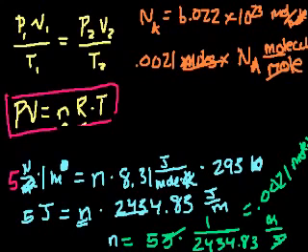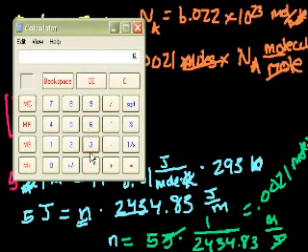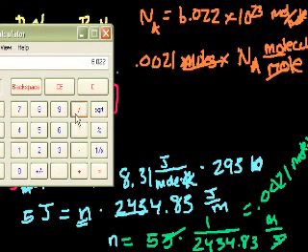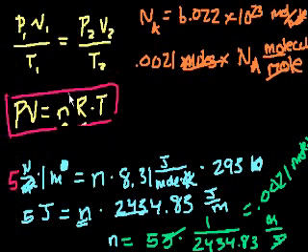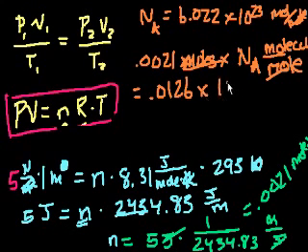And Avogadro's number is 6.022 times 10 to the 23. Let's just multiply that times 0.0021. So this equals 0.0126 times 10 to the 23, right? We have to remember that. Molecules.